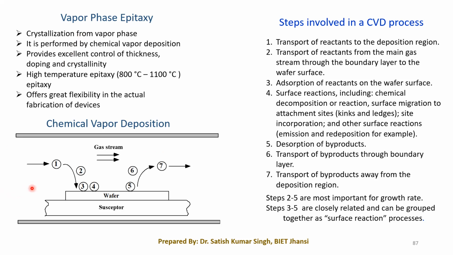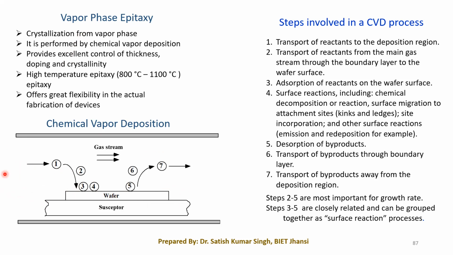So whatever material we want to grow onto this wafer should be sent in the form of vapors or gas. We have to remember it should be in the gaseous form within the chamber.